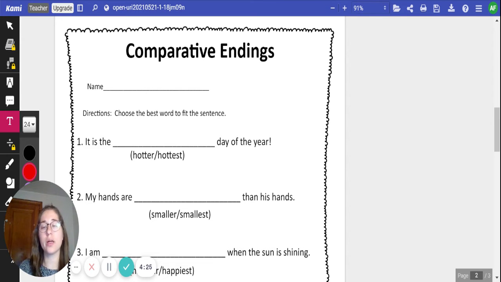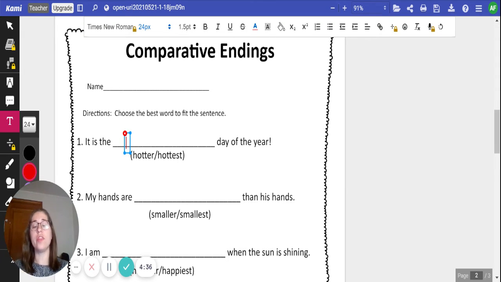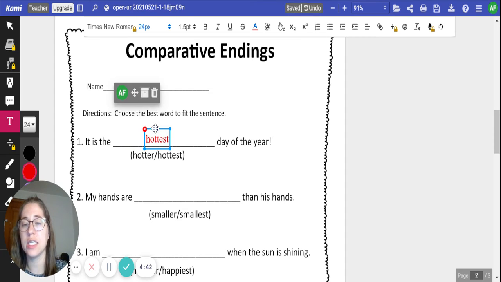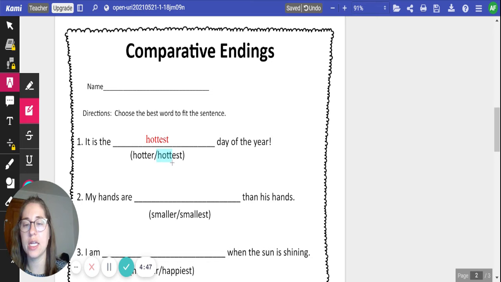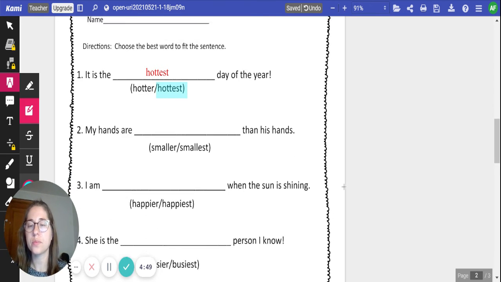Well, let's look at what we're comparing. We're comparing today with every other day of the year, right? It is the hottest day of the year. We're comparing more than one thing. We're comparing more than one day with each other. So it'd be hottest, H-O-T-T-E-S-T. I'm going to go ahead and highlight that as well.